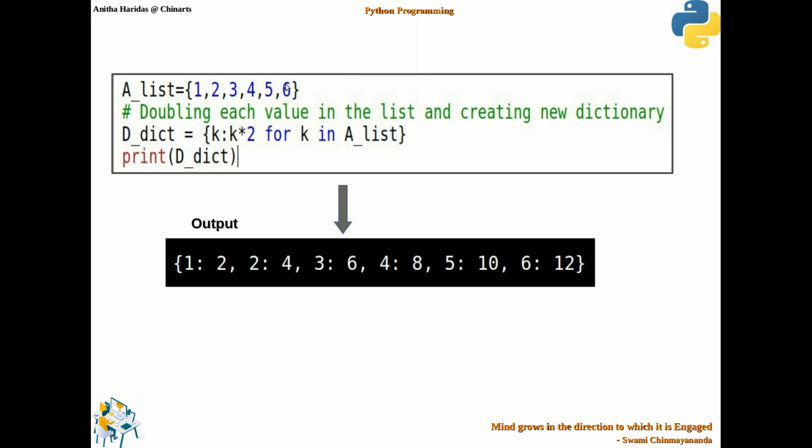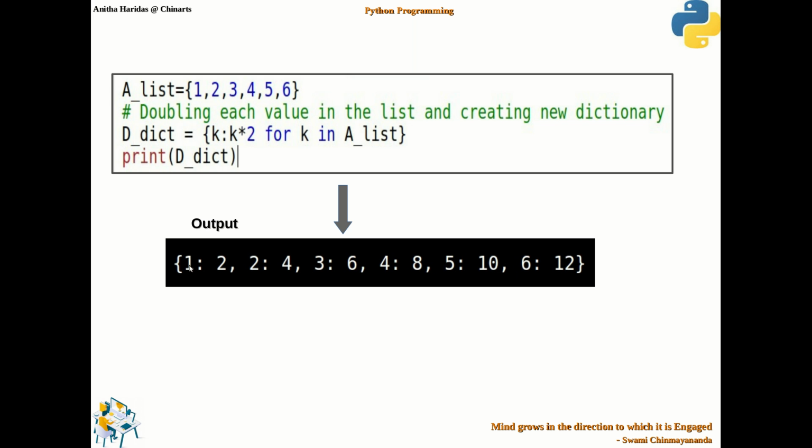This is a list of values and I am using these values, and you can observe how I am creating a dictionary here. So for k in this list, each iteration will take one value from the list. First time it is going to be 1, then 2, then 3 and so on. How am I framing the key-value pairs here? k: k*2 is the key-value pair.